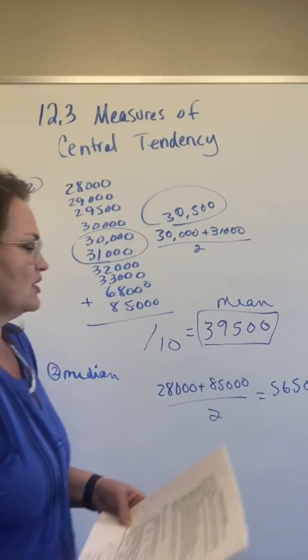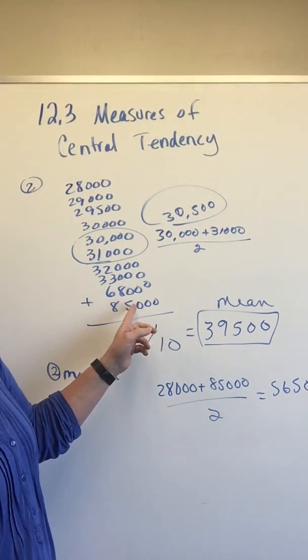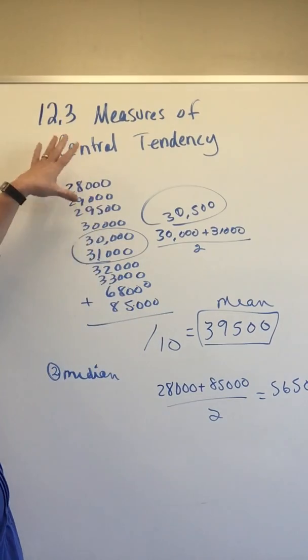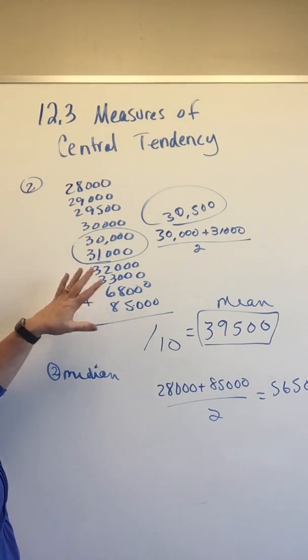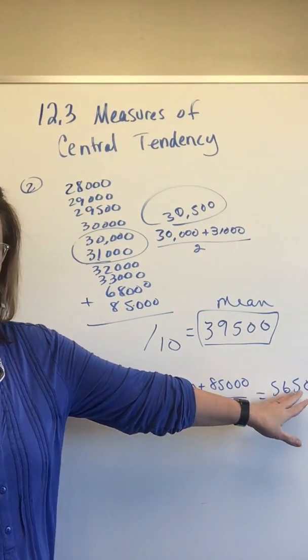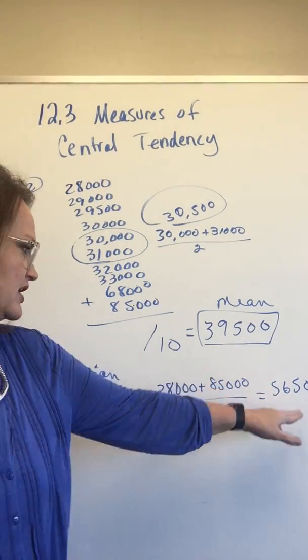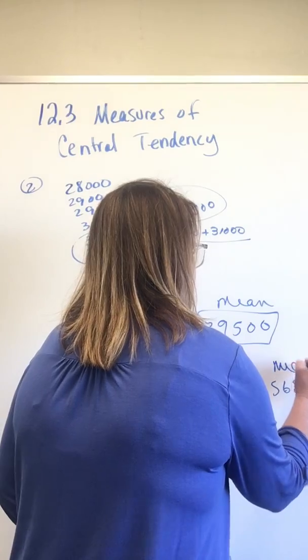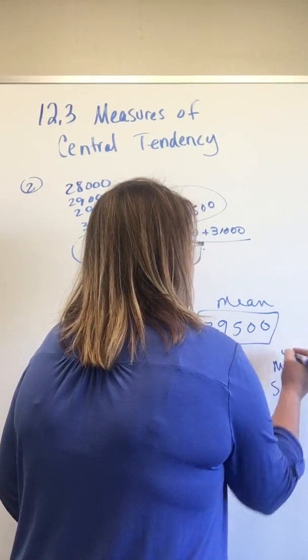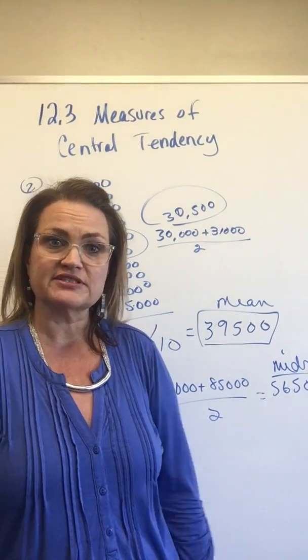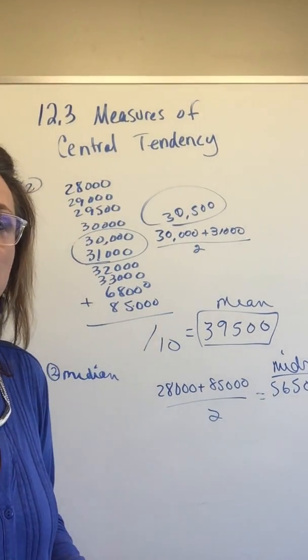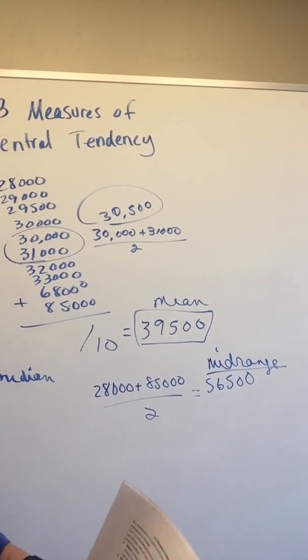56,500. The extreme values, the 85,000 and 68,000, aren't really representative of the sample here. The extremes caused our mid-range to look especially large. So thinking about this, it doesn't seem very representative of our sample.